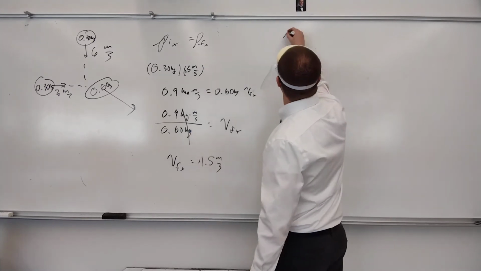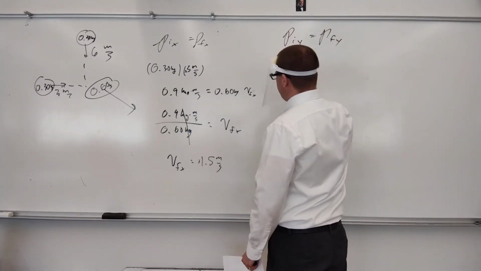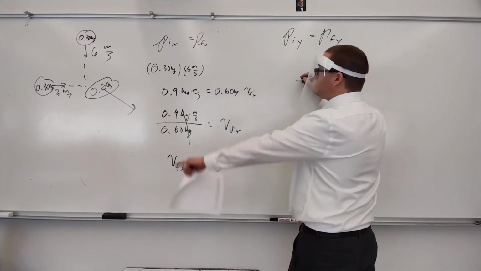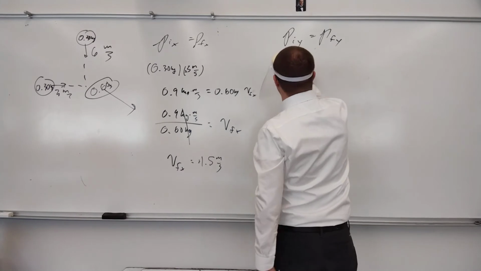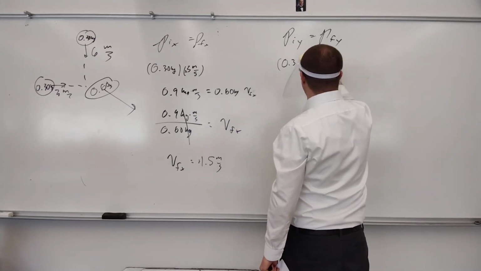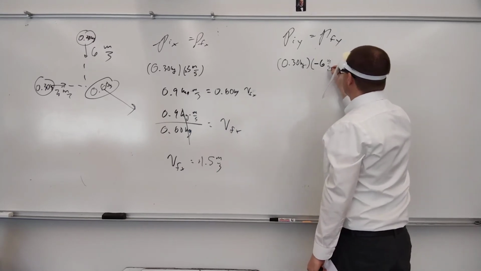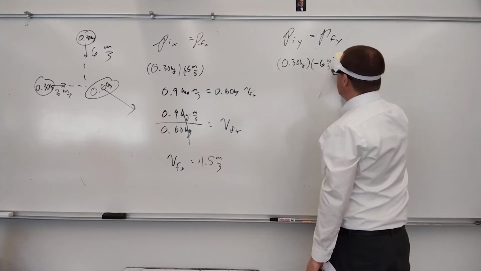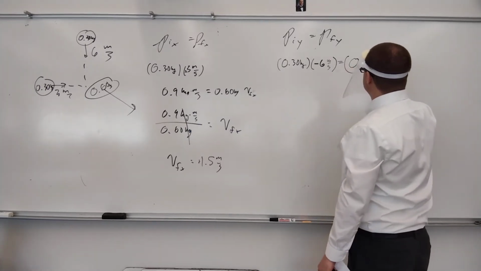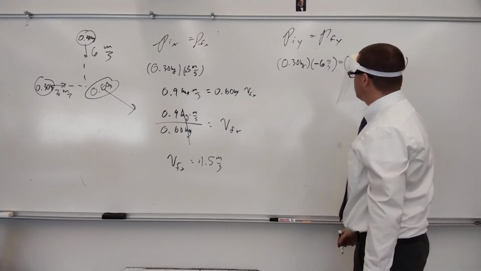So now, P initial y equals P final y. We've got just the 0.30 kilograms times the initial y velocity here. I'm going to make negative 6 meters per second equals 0.60, our new combined mass, times our final y velocity.